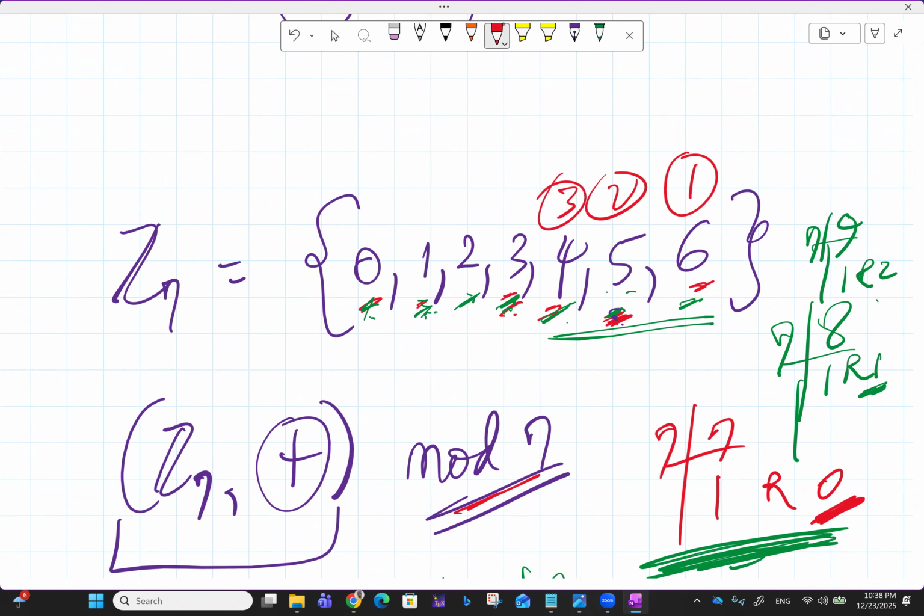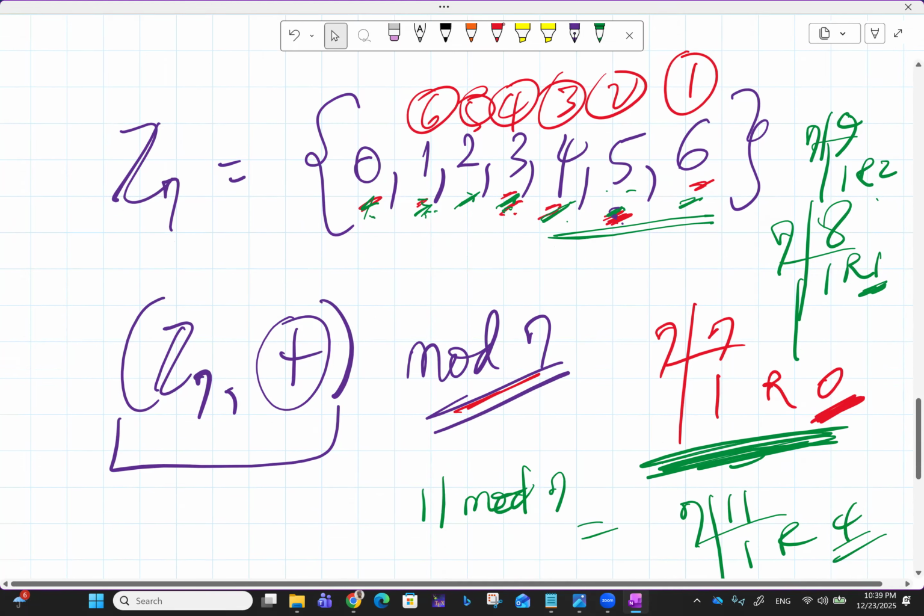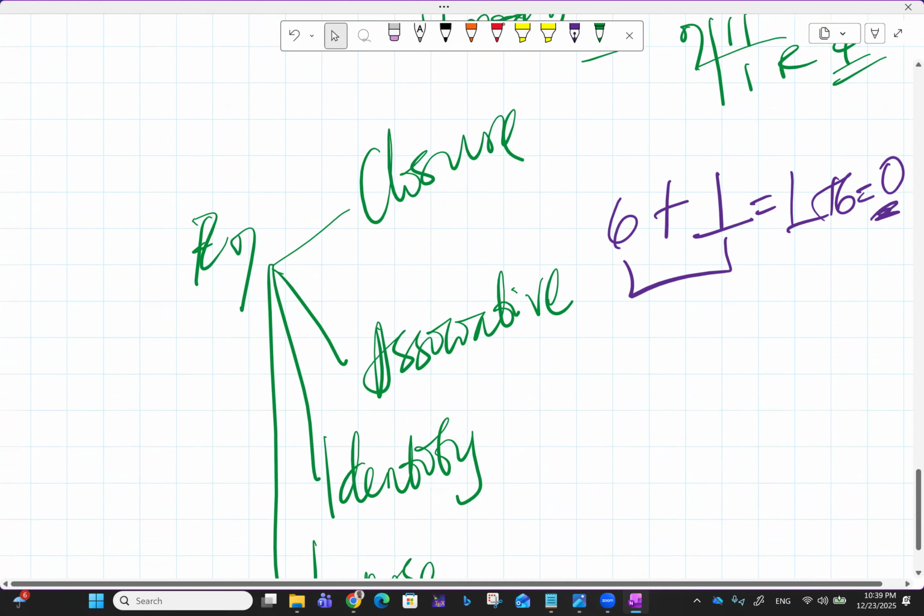So this will be 3, this will be 4, this will be 5, this will be 6. And of course, the inverse of 0 is 7. It's more like you are now counting it backwards. The inverse of 0? Oh, we don't need the inverse of 0. It's not necessary because it's 0 already. We don't have to care about that. But for the other ones, you can take it from 1 to 6 from the back. And that is how it will be for other modular stuff like this.